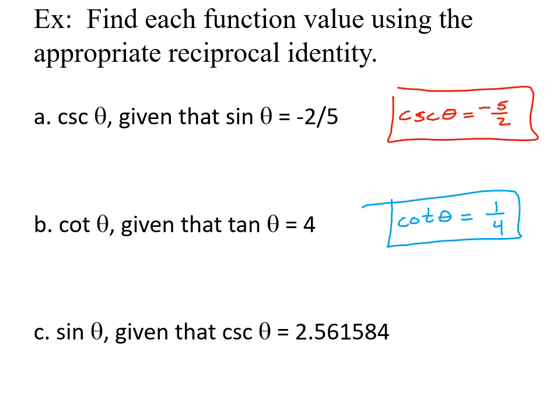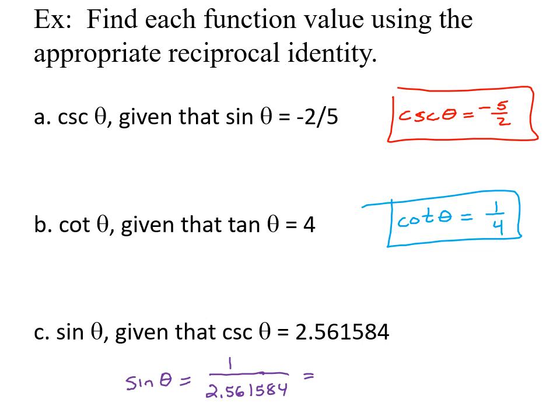well, sine is cosecant flipped over, so I have to take 1 divided by 2.56158.4, pull out the handy dandy calculator, and I'm doing it along with you all if you're wanting to follow along. I'm actually typing it in the calculator right now.